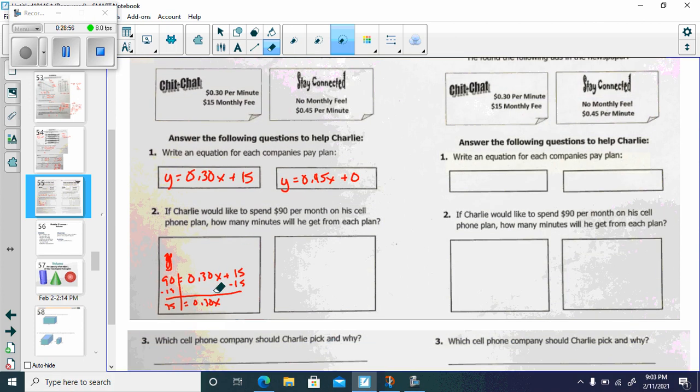Now let's divide both sides by the 30 cents per minute. And for x, you get 75 divided by 30 cents per minute. You get 250 minutes.